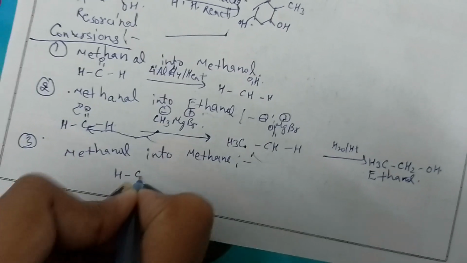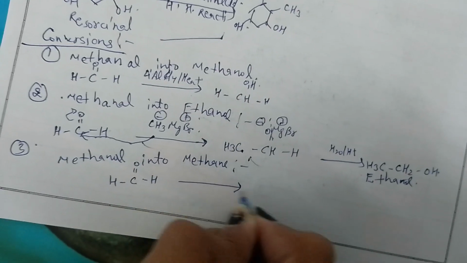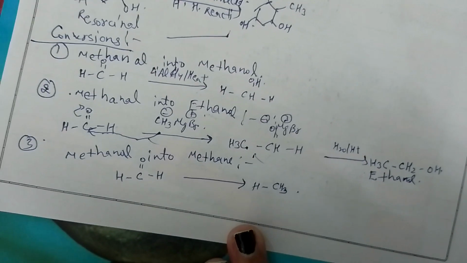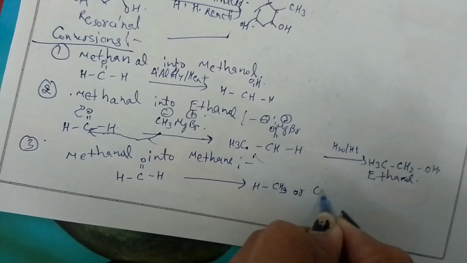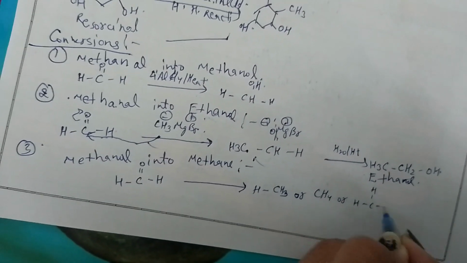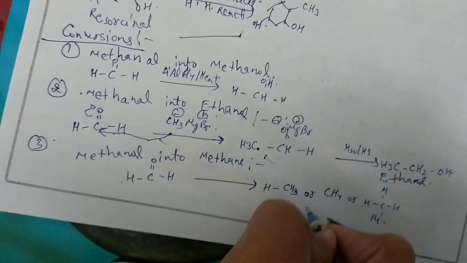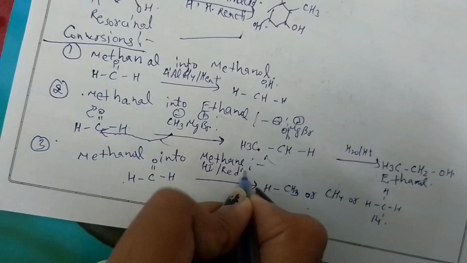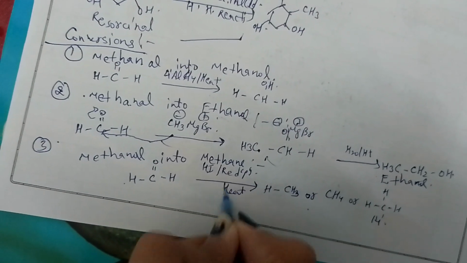We will write here methanol into methane, CH4. This is our methanol, this is methane, and the reagent that is used is HI with red phosphorus, and we heat.